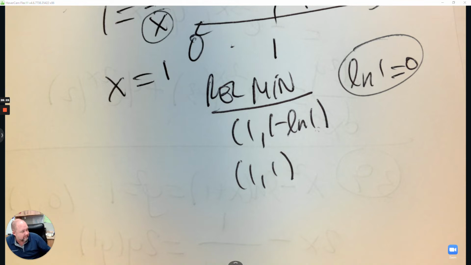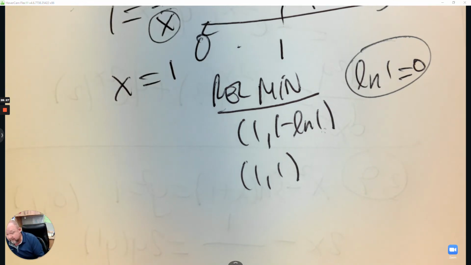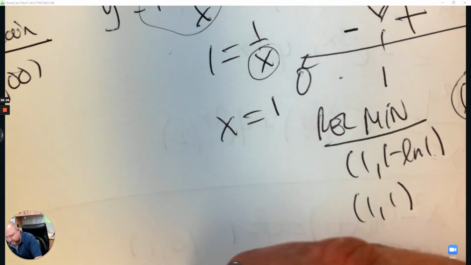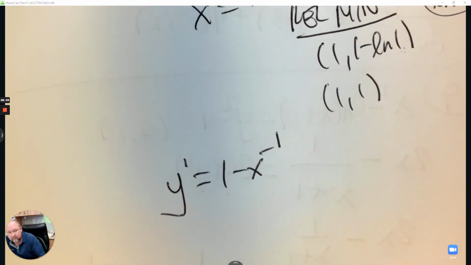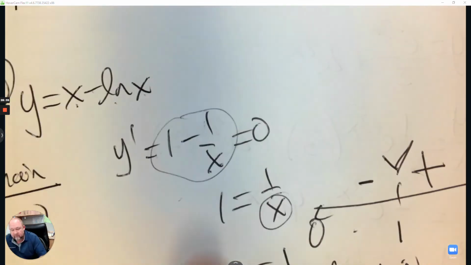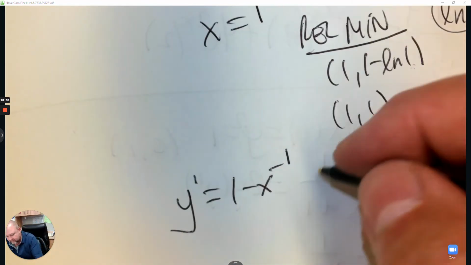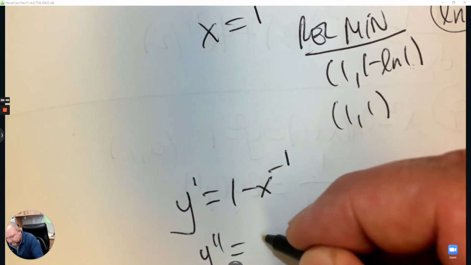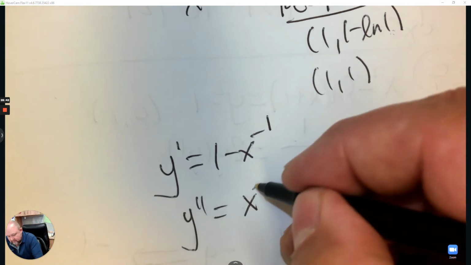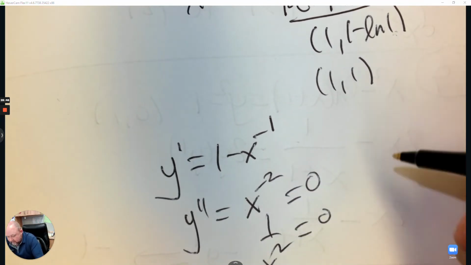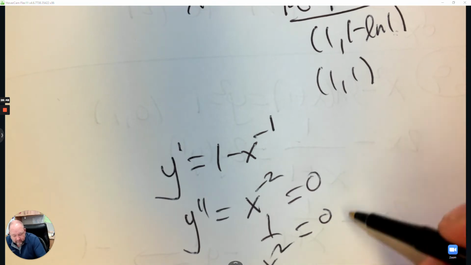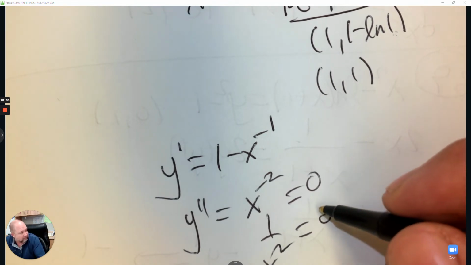That's the minimum. It said to find the point of inflection. So I made it calculus friendly. The second derivative is positive x to the negative 2. There is no number here that would make it zero, so there's no point of inflection.